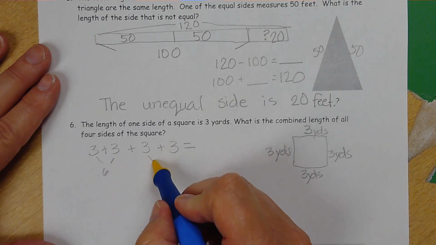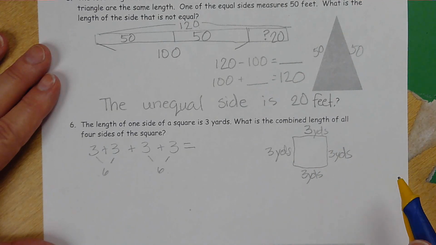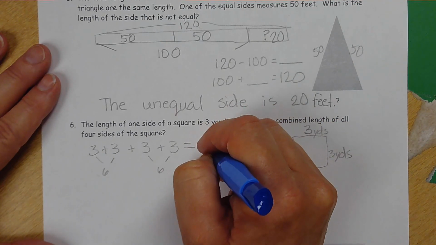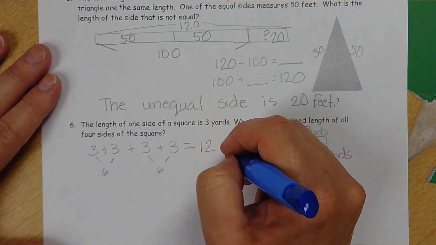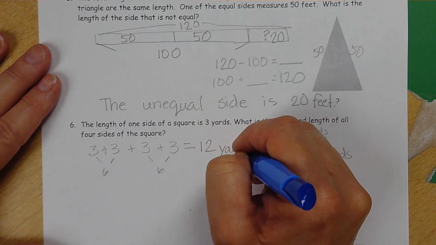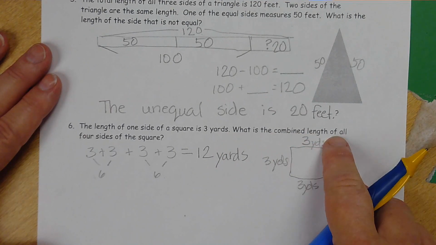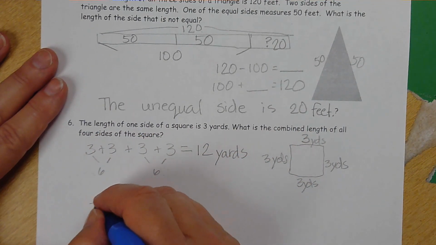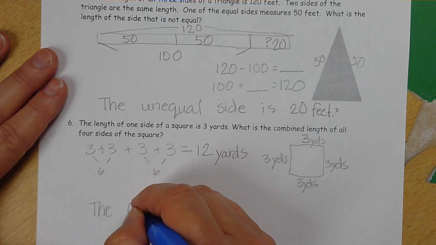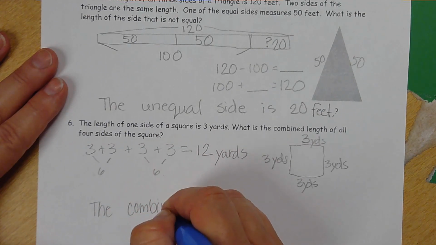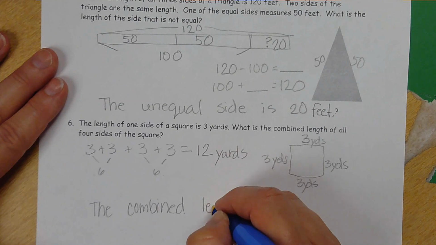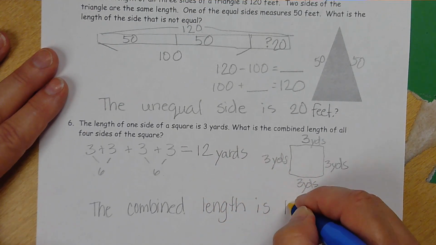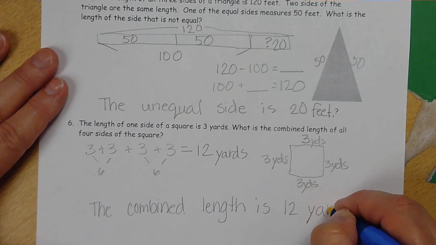If you don't remember, 3 plus 3 plus 3 plus 3 equals 12, and this is yards. So what is the combined length of all 4 sides of the square? The combined length is 12 yards.